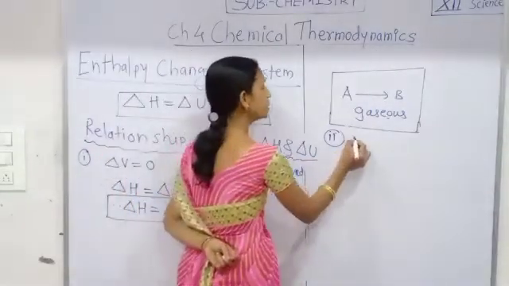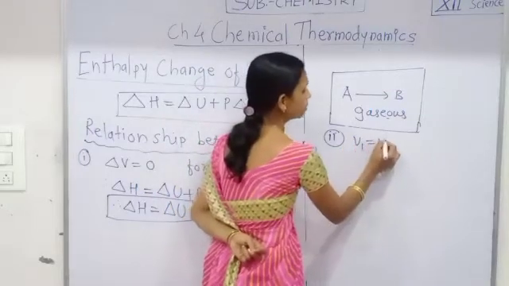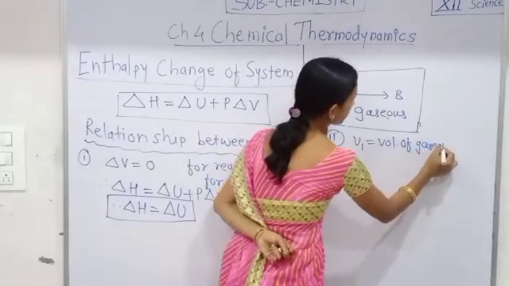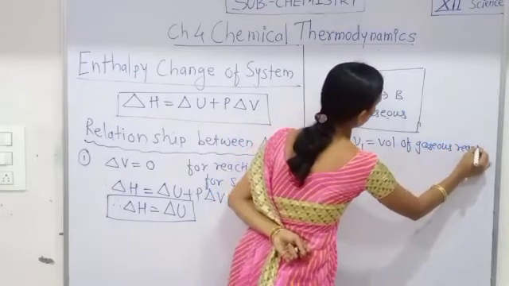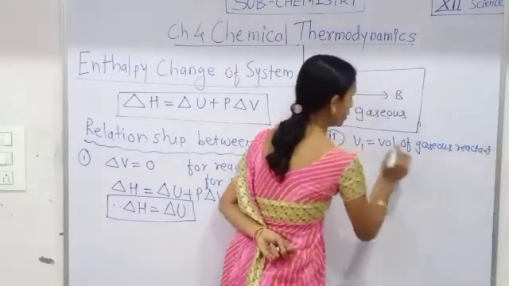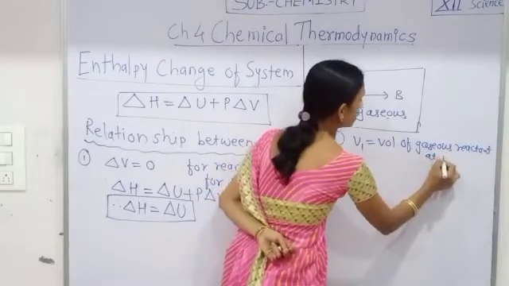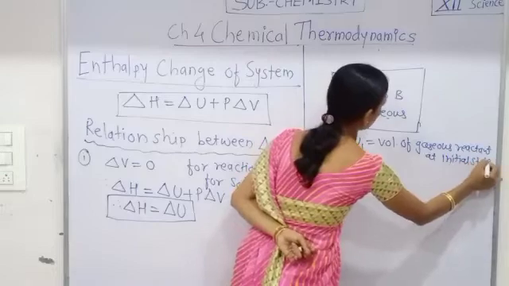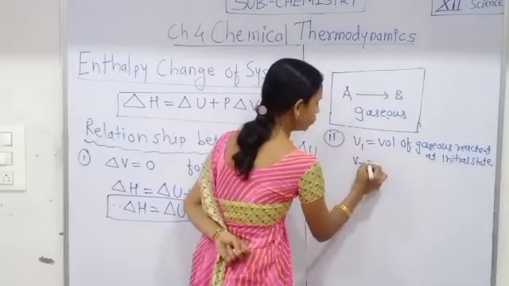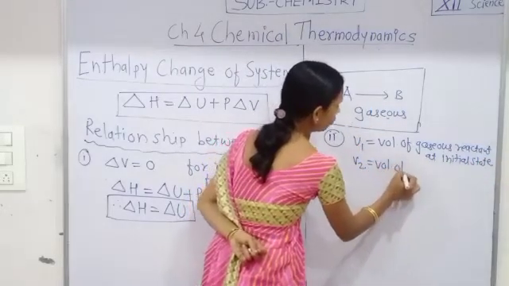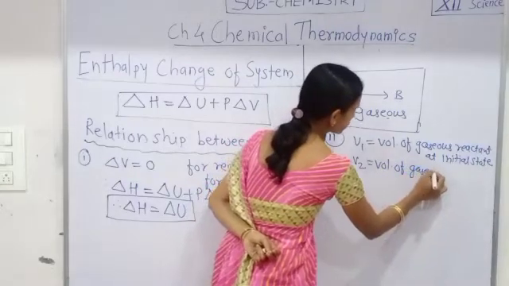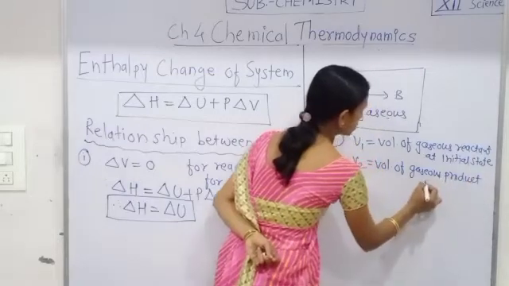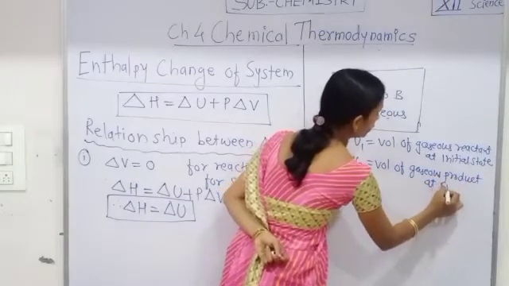Let us consider V1 is the volume of gaseous reactant when the system is at initial state, and V2 is the volume of gaseous product when the system is at final state.